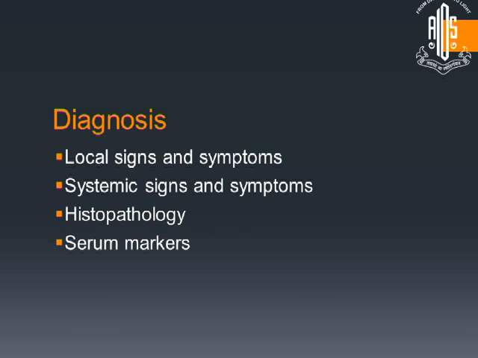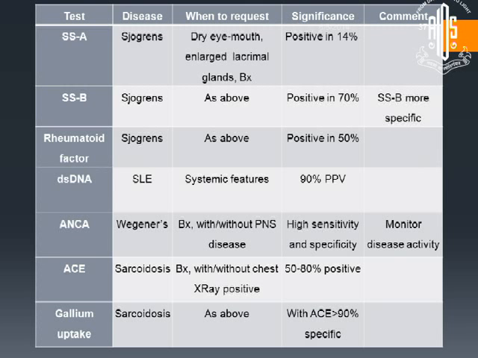So the diagnosis of the specific inflammatory disorders includes local signs and symptoms, systemic signs and symptoms, histopathology, and serum markers. And it's nice to have a look at what the specific serum markers indicate.